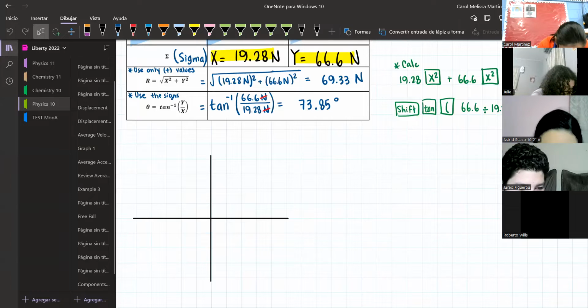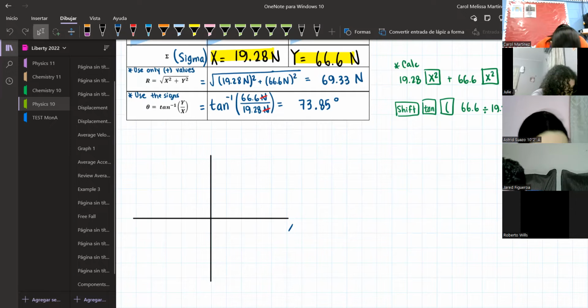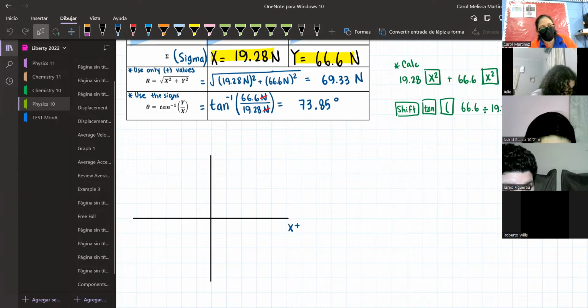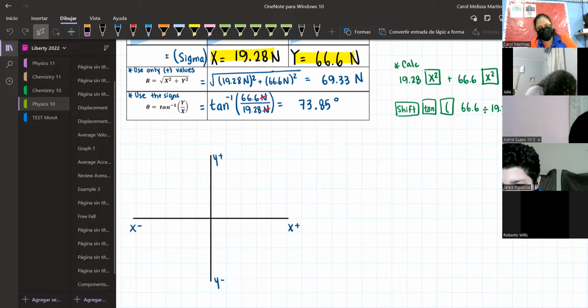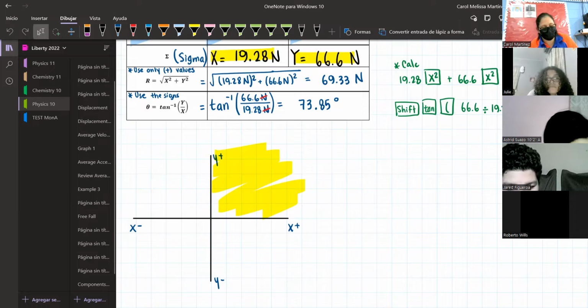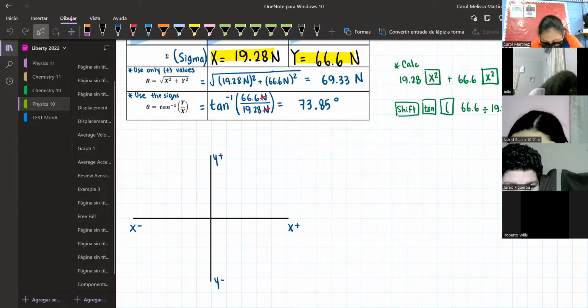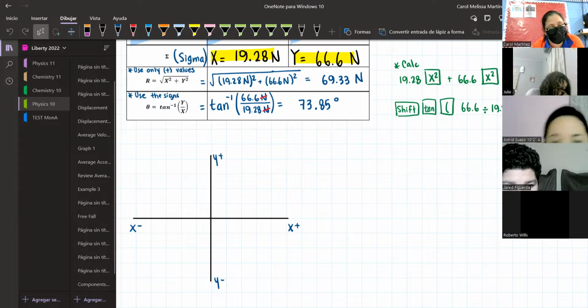Up and right. Take a look, this one over here, I have plus and plus. Positive for X and positive for Y. So you're gonna get a protractor and you're going to measure an angle of 74 degrees approximately, okay?